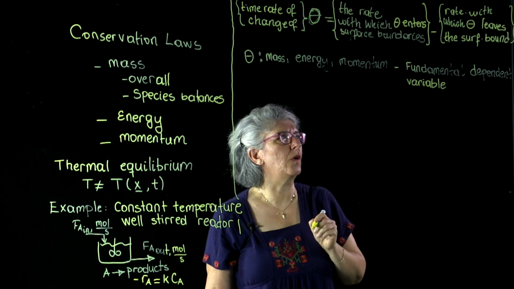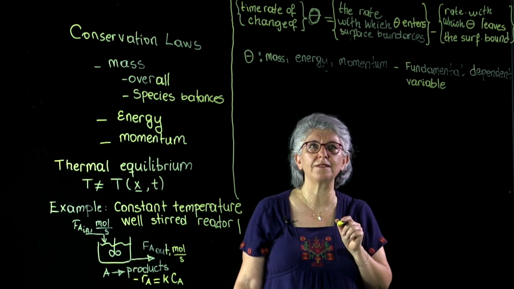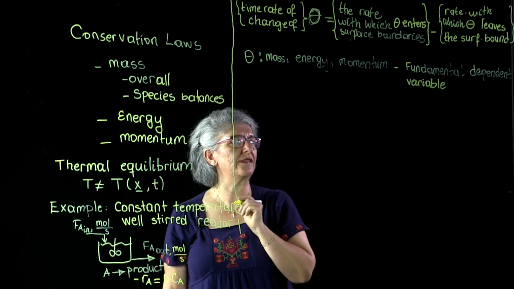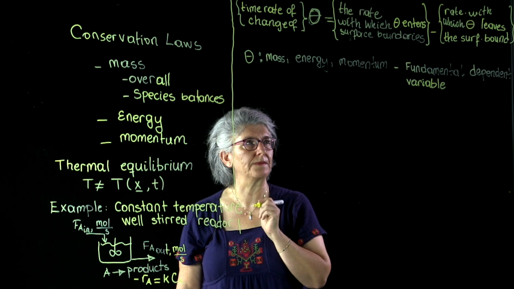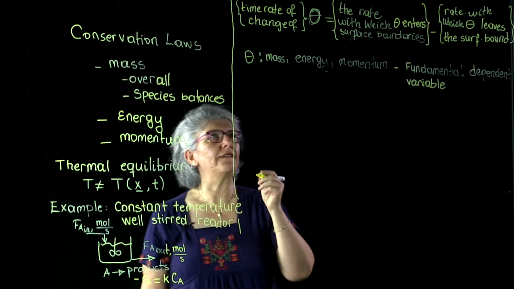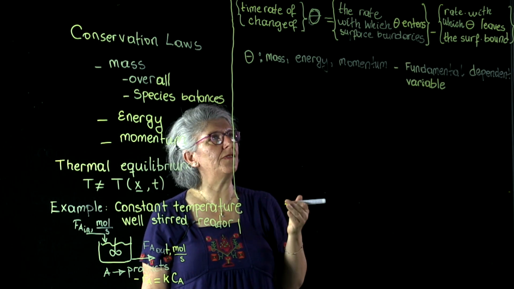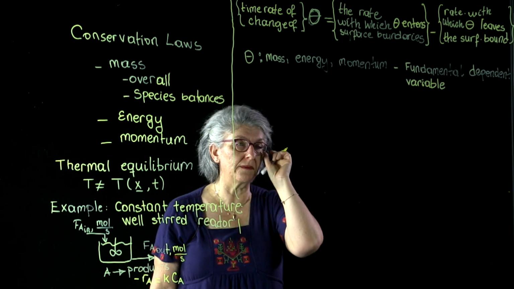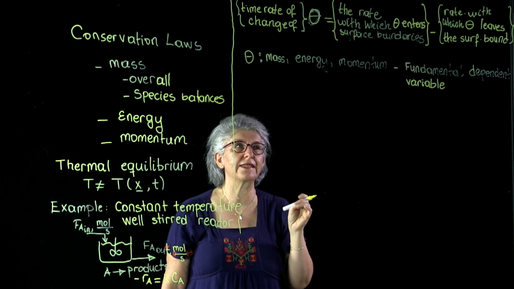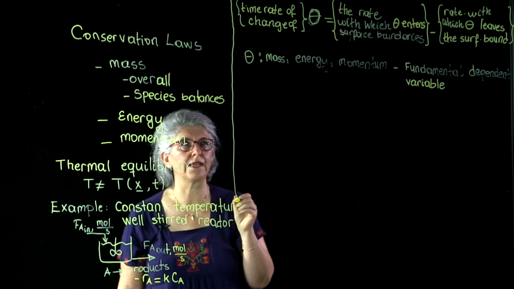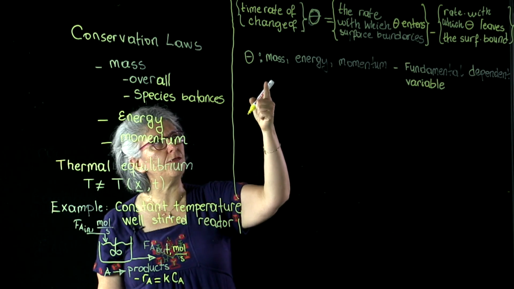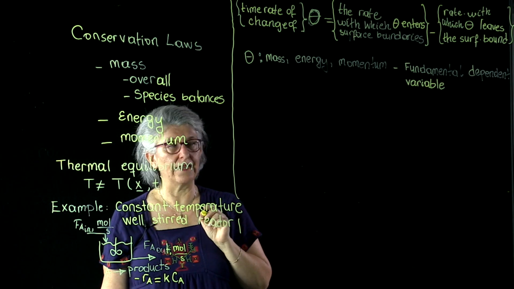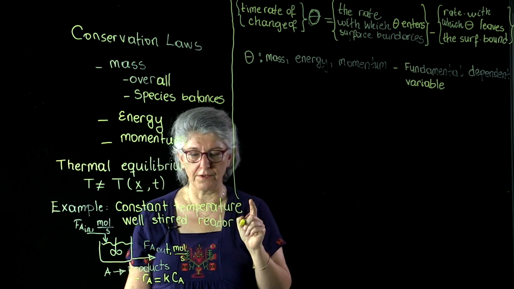We call a dependent variable a fundamental dependent variable if we can write a conservation law for it. If we need a derived variable to be able to easily solve this problem, then that dependent variable is the characterizing dependent variable.